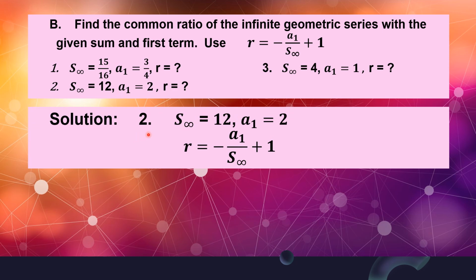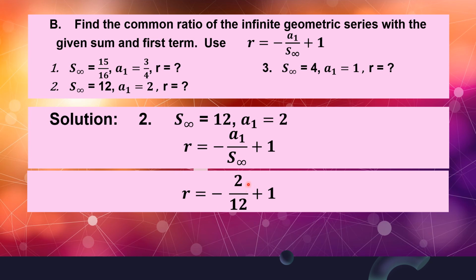For number 2, we have S sub infinity equal to 12 and A sub 1 equal to 2. So, using the formula, just substitute 12 and 2. Our A sub 1 is positive 2, so we have negative 2 over our S sub infinity, which is 12, plus 1.